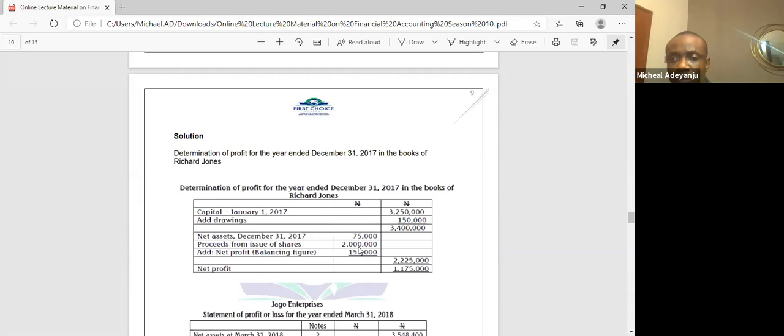So the addition of this net assets and your proceeds from shares plus your net profit will give you 2,225,000 naira. Less it from 3.4 million is going to give us 1.175 million.